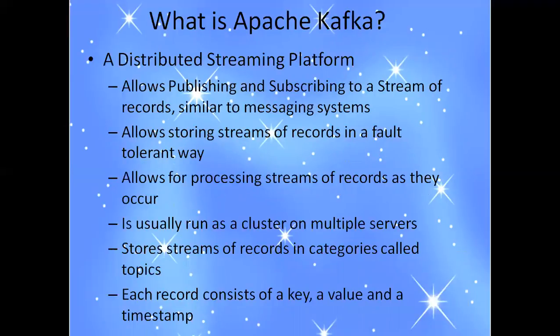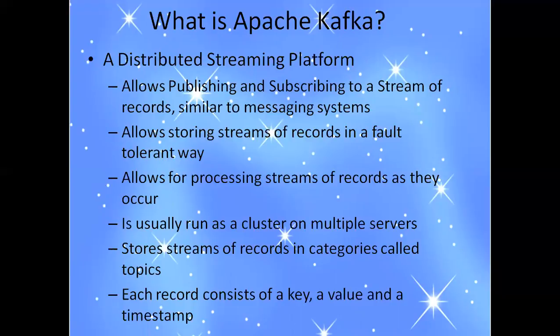So Kafka is a different application altogether. It's another Apache project. It allows you to publish messages on a cluster for a given topic. You identify a stream of messages with a name and you call that a topic.